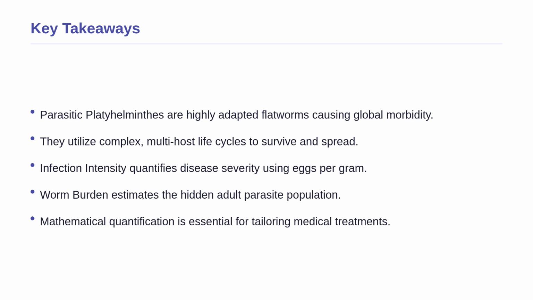Third, we use the worm burden formula to estimate the actual hidden population of adult parasites inside the host. By mastering both the biology of these fascinating stowaways and the mathematics used to track them, medical professionals can accurately gauge disease severity and save lives. You now have a solid foundation in medical parasitology.